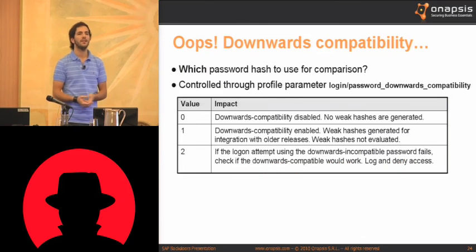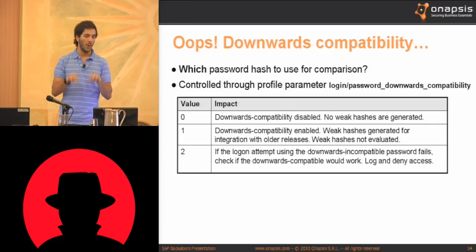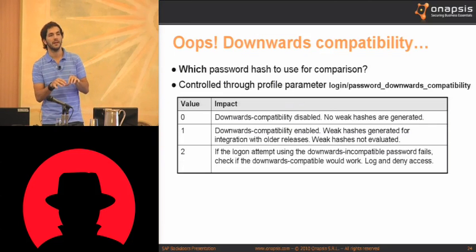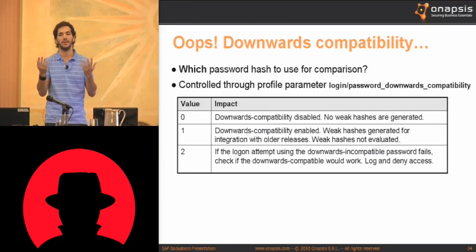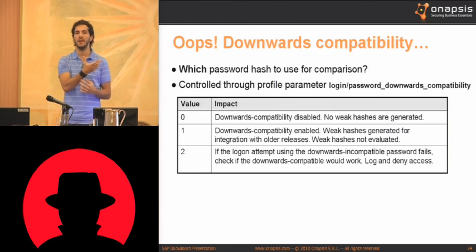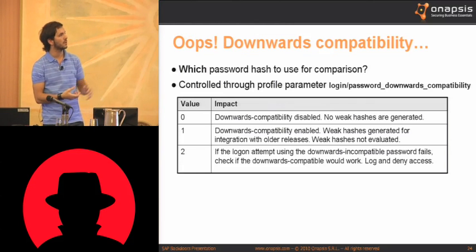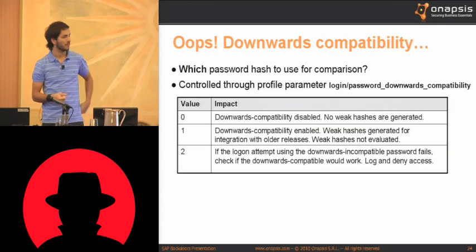So I told you that each user is going to contain two password hashes. When you type in your password in the login screen, which password hash does the system use for comparison? This is controlled through a profile parameter, a configuration of the SAP instance, called login password downwards compatibility. This parameter can have one of these three values.